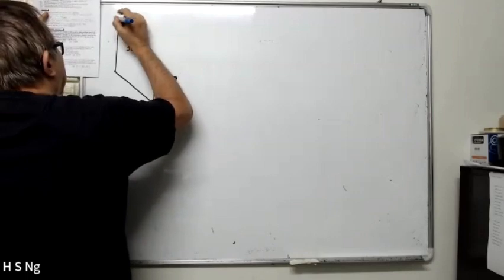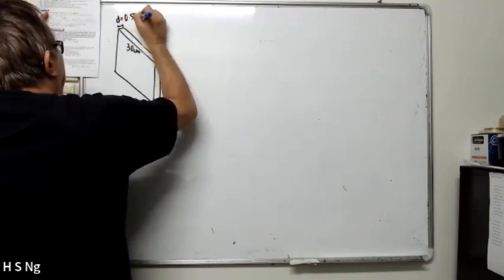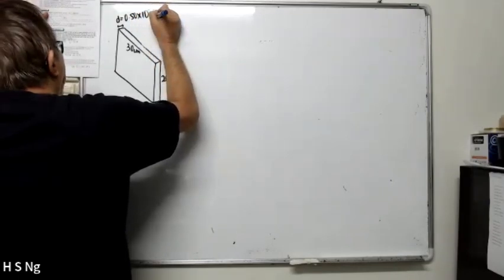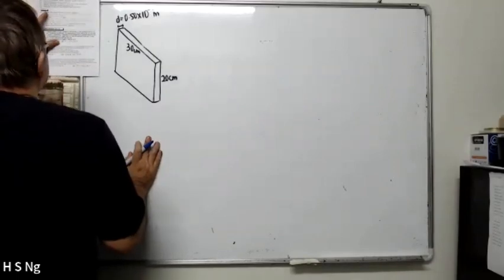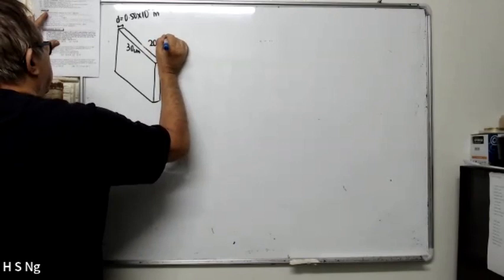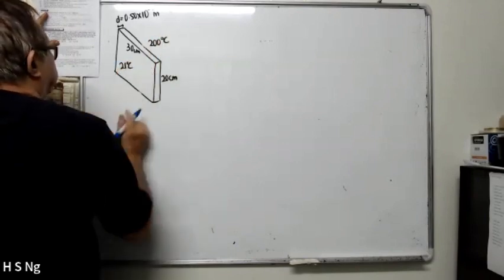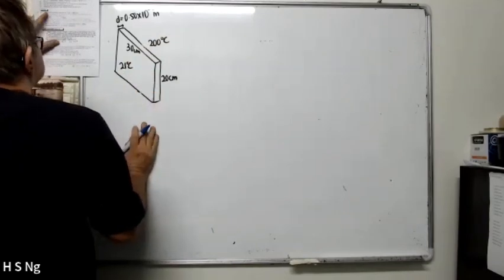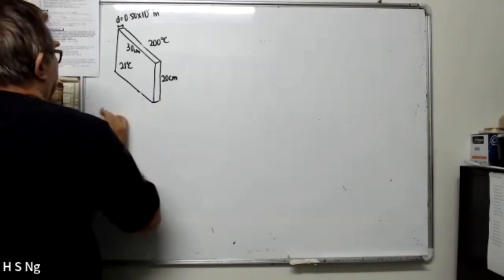The window is 0.5 centimeter thick and the temperature of the oven is maintained at 200 degrees Celsius. The temperature outside the oven is 21. Find the amount of heat through the window in 1 hour.